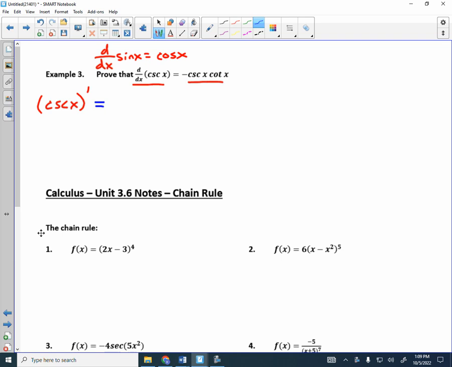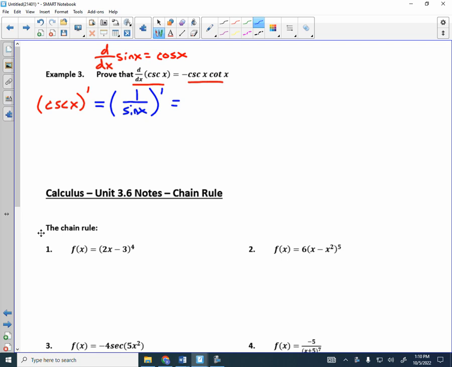So I can rewrite cosecant as 1 over sine. So I have the derivative of 1 over sine of x. That's great because I do know something about sine. And this is in the form where I could use the quotient rule, right? So let's use the quotient rule here to find this derivative.